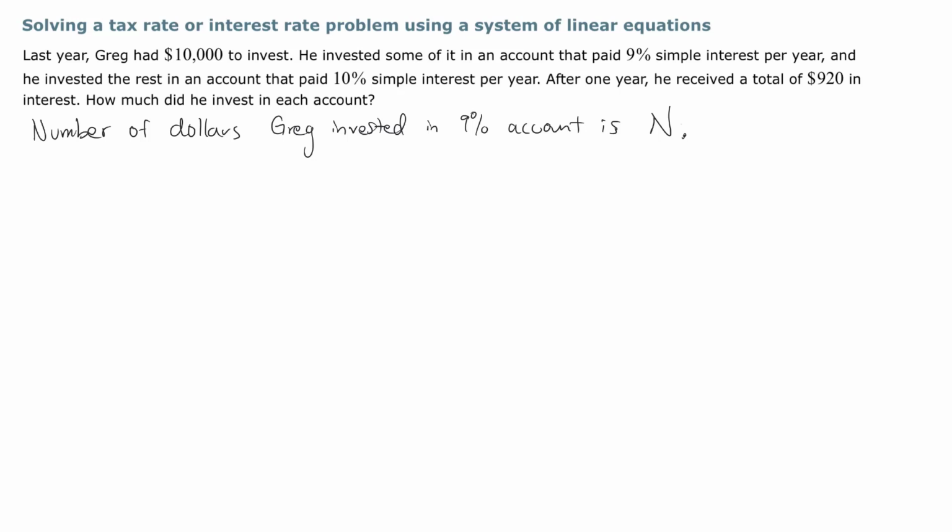Well, we're going to need another variable. The number of dollars Greg invested in the 10% account is t.